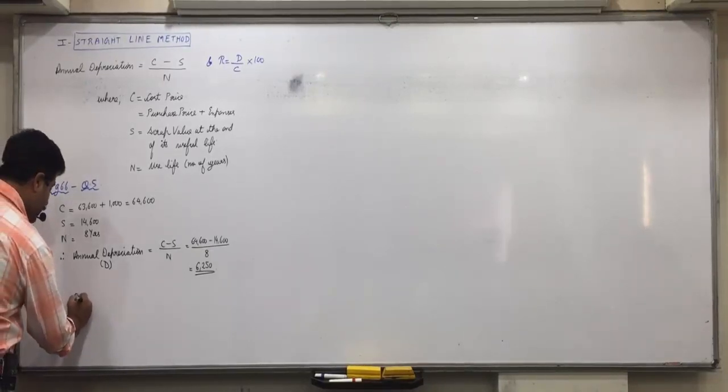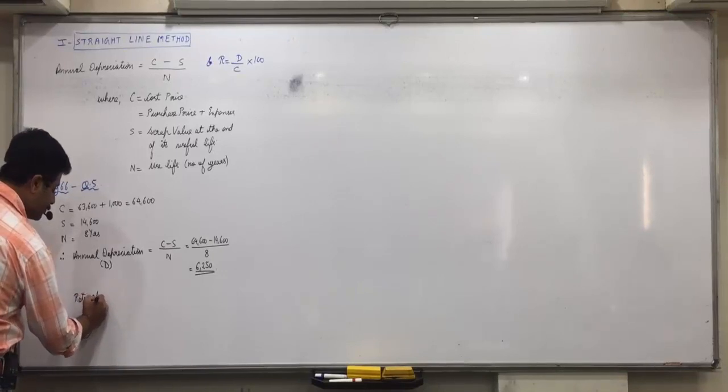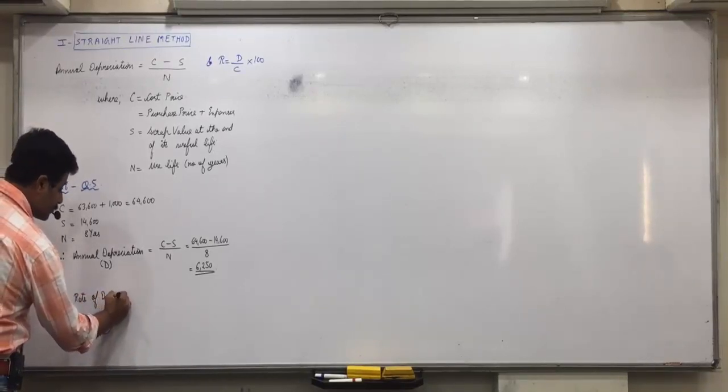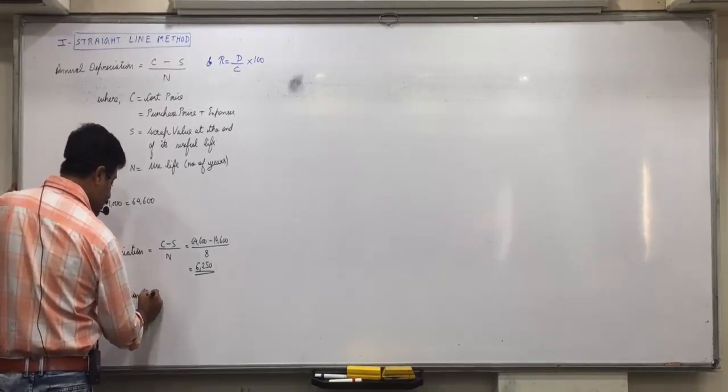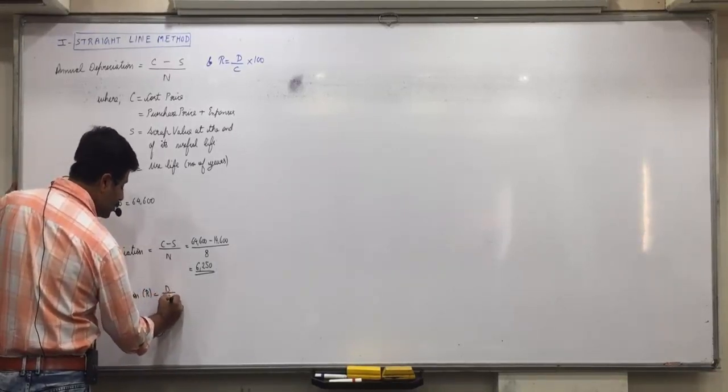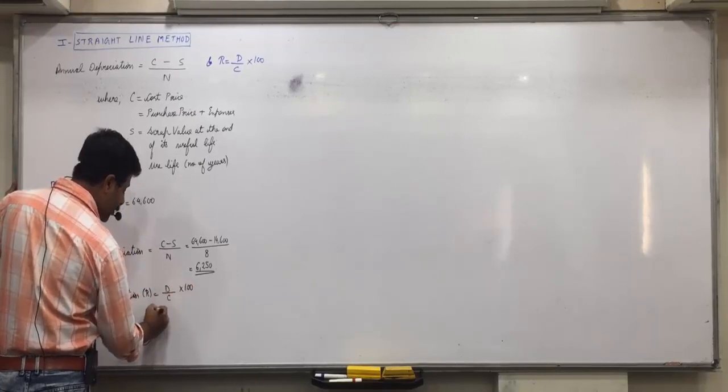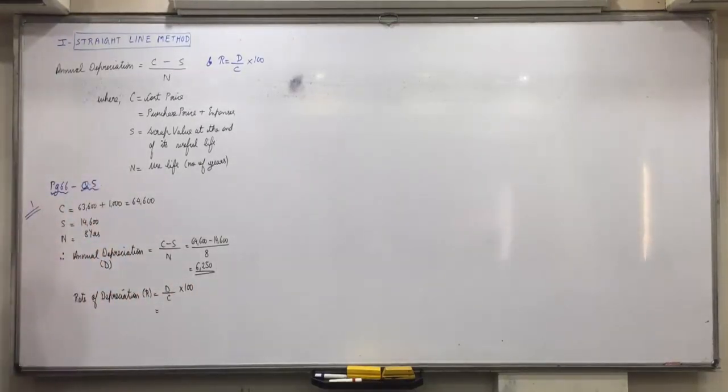And rate of depreciation R is equal to D upon C into 100. What did we get?